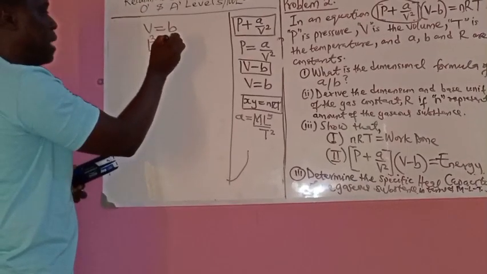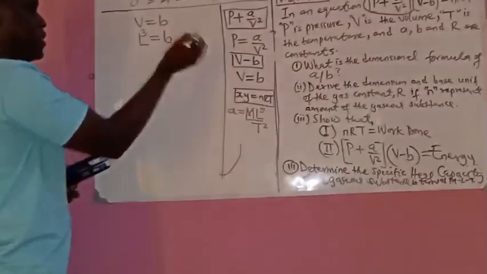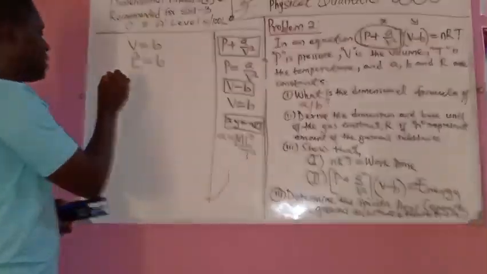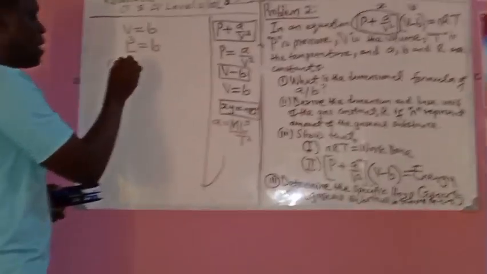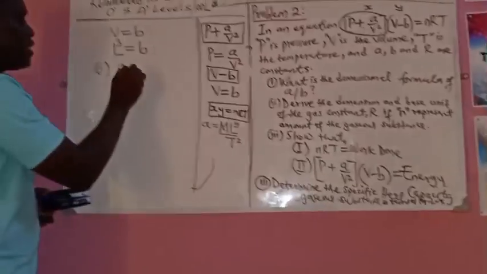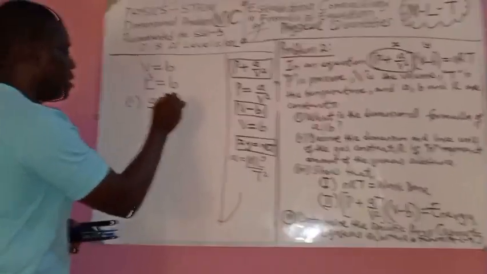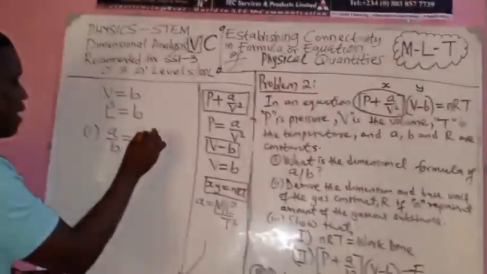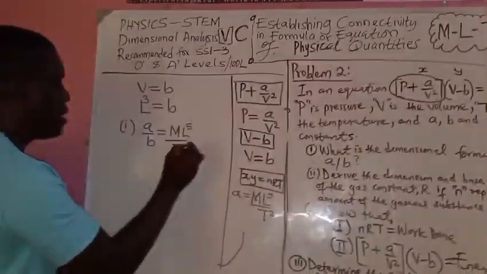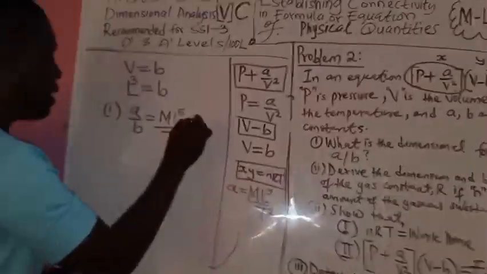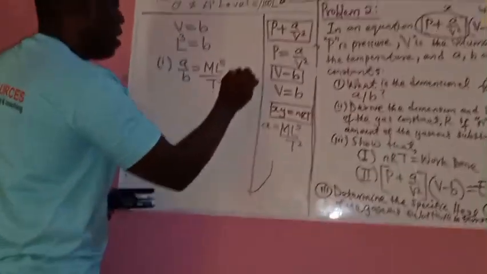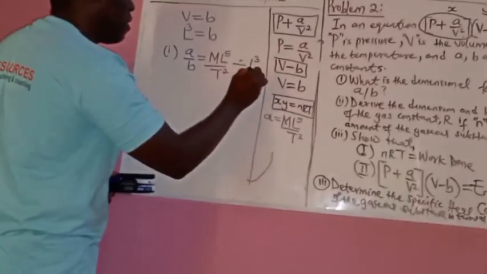So that means my b now is this, dimensionally. Now, Roman number 1 says I have to find a over b. It simply means this M L to the power 5 over T squared, divided by b. b is this now, L to the power 3 over 1.